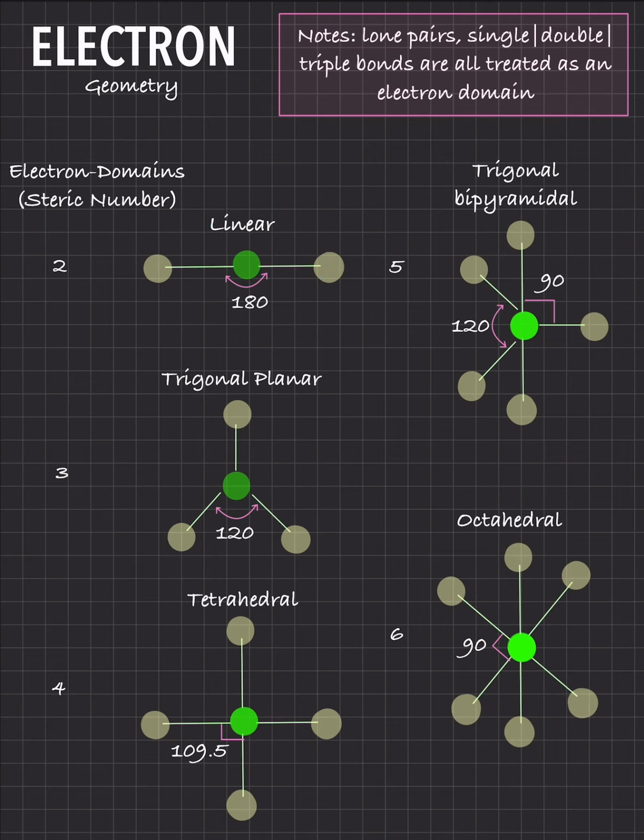So again, 2 is linear, 3 is trigonal planar, 4 is tetrahedral, 5 is trigonal bipyramidal, and 6 is octahedral. Electron geometry takes into account what? Lone pairs, single, double, and triple bonds. They're all treated as an electron domain. Now that you have this memorized, let's talk molecular geometry.